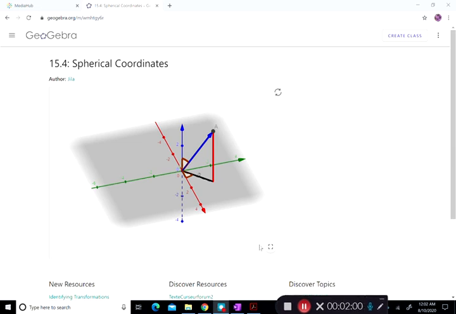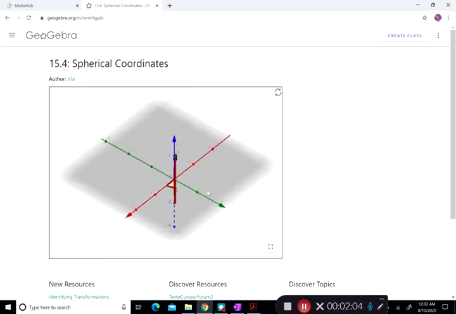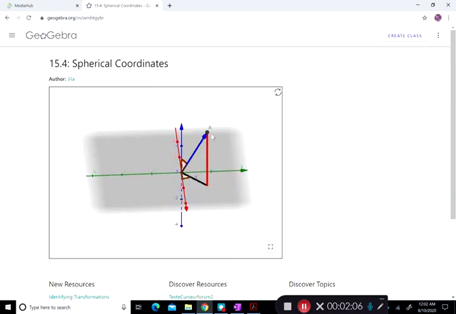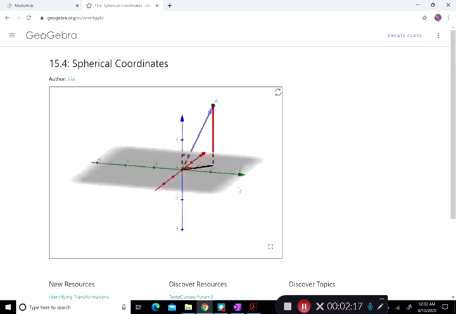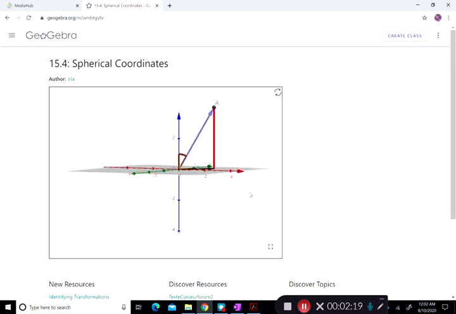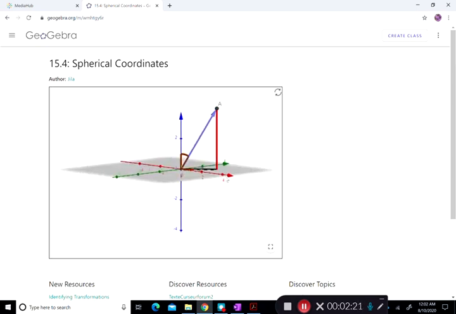Now let's look at the GeoGebra app on this one. Let's say this one is point A, and you connect point A to the origin, and then look at the angle that connection makes with the positive side of the z-axis.